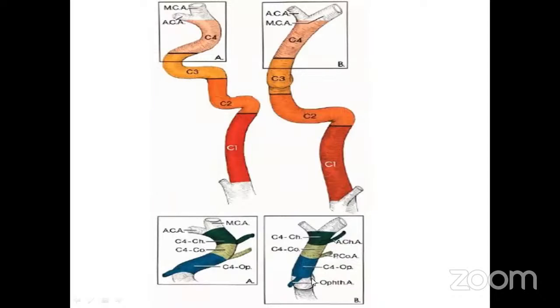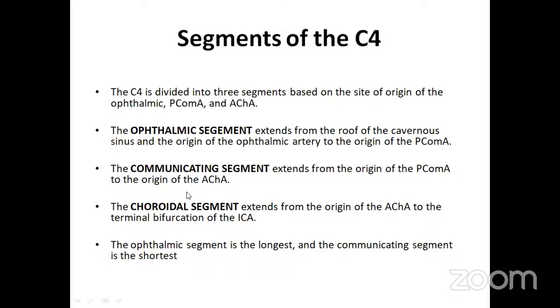The ophthalmic segment starts from the roof of the cavernous sinus, where the ophthalmic artery begins, to where the posterior communicating artery arises. The blue colored is the ophthalmic segment of the supraclinoid portion of the internal carotid artery. The second is the communicating segment.